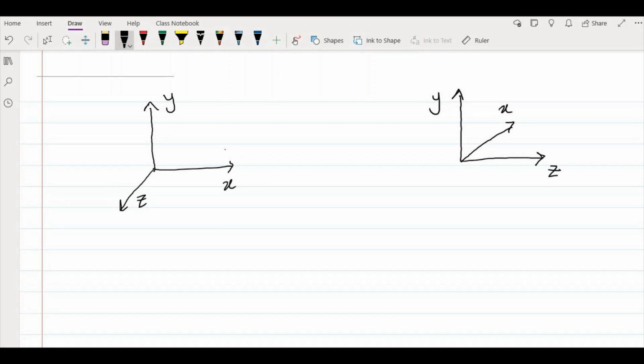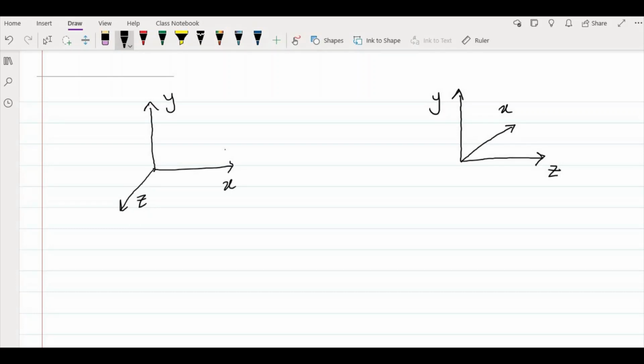So here we have the z-axis, and this one is your x-axis. So that's what we want. We want to reach this configuration of the axes, or you can say this orientation of the axes, and we start from here.